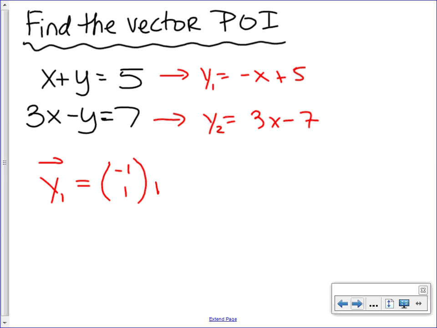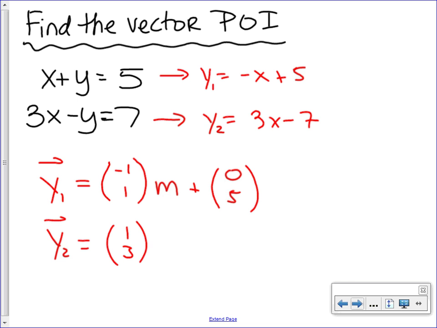So m plus 0 over 5. And then vector 2 has direction 1 over 3. N plus 0, negative 7. Is that true?